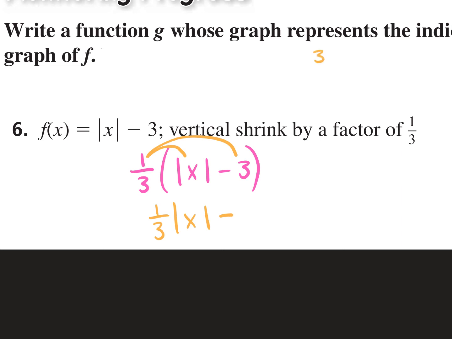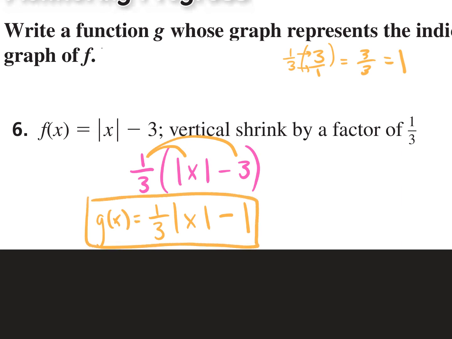If I multiply a fraction by a whole number, I make the second one a fraction and multiply straight across, it'd be 3 over 3, which is what? 1. So it'd be negative 1. So this is g of x. Any questions there? All right, next page.